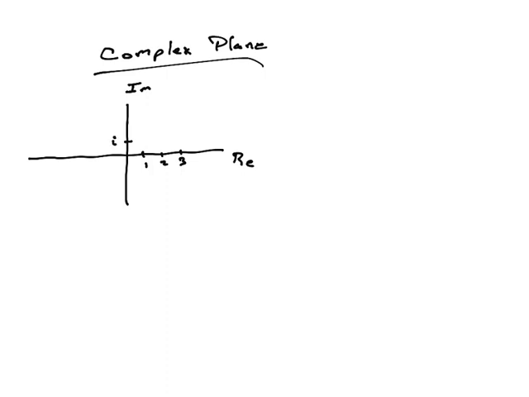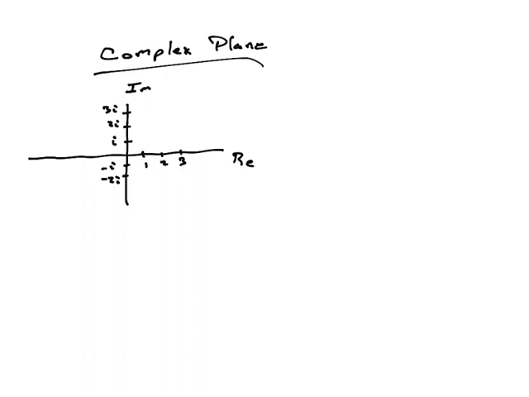So we have i, 2i, and 3i, and so forth, and the same negatively, minus i, minus 2i, and so forth. And so now, when we select any random number, we don't just have to put this selection on the real number line, but it can be anywhere on this infinite sheet, this infinite plane.